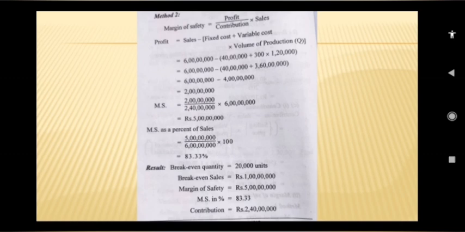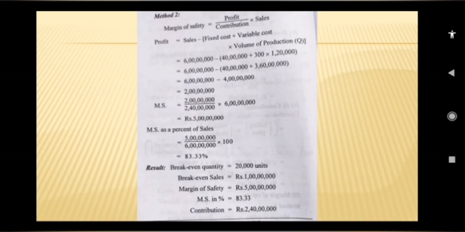So the profit is equal to 2 crores. Margin of safety is equal to profit 2 crores divided by contribution 2 crores 40 lakhs into 6 crores. So the MOS is equal to 5 crores.